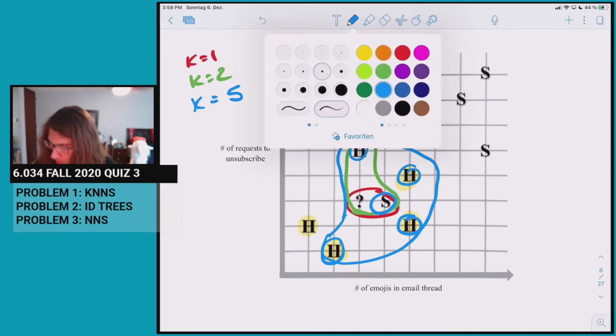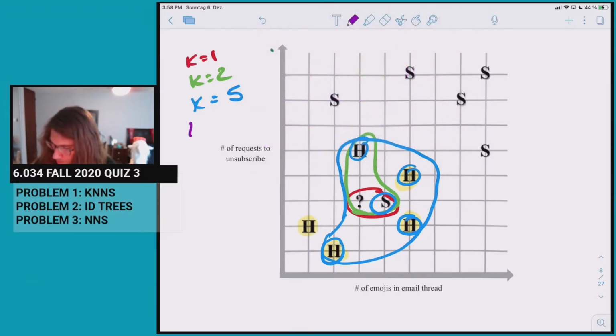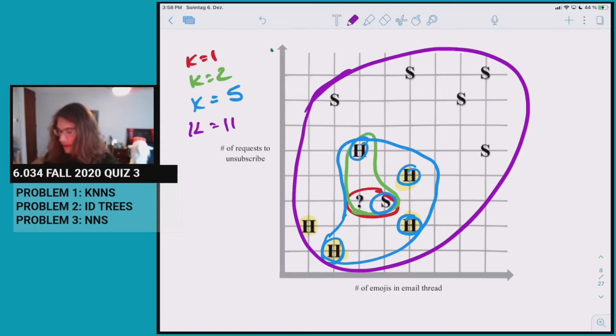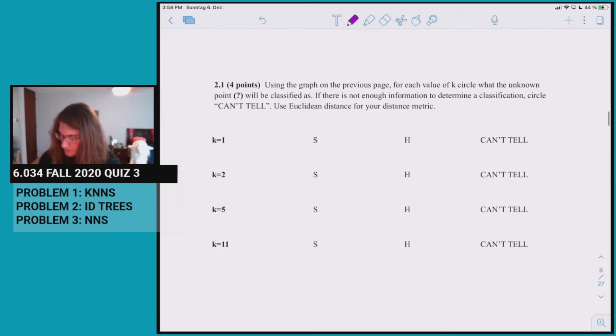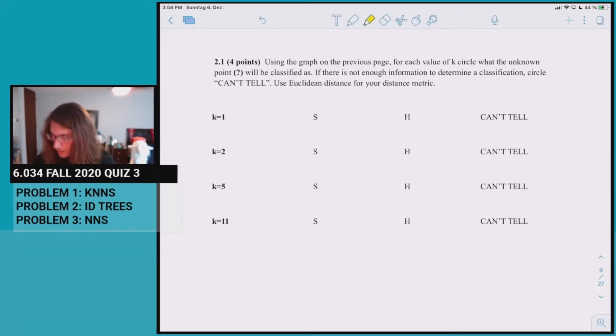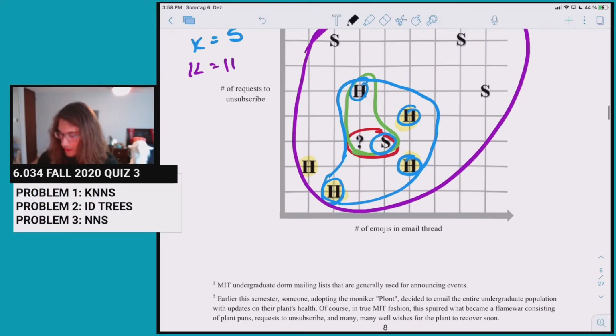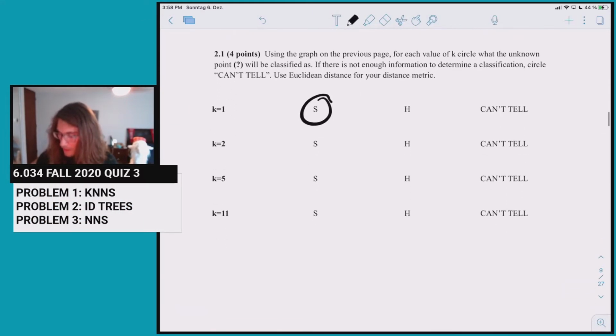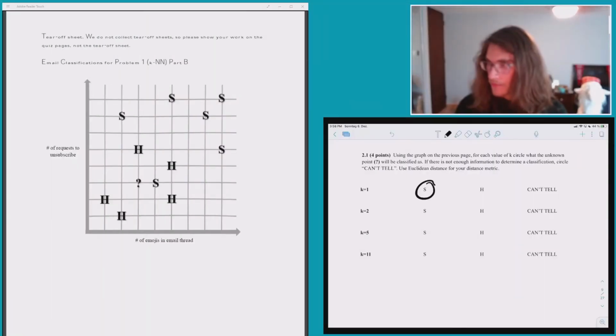And then for k equals 11, let's see, how many points are there? There's 11 points. So this would be k equals 11. Now to go back down, I hope I remember, so this was S. I remember there being a point right there. I think now is a good time to bring up the side view. Yep.